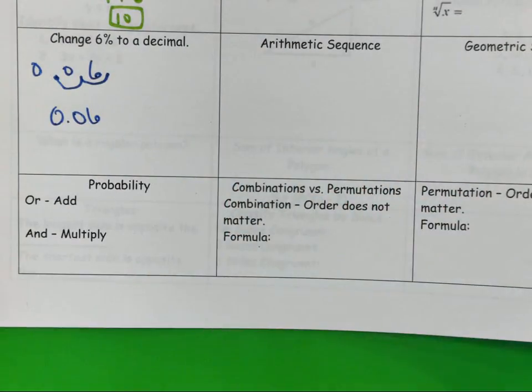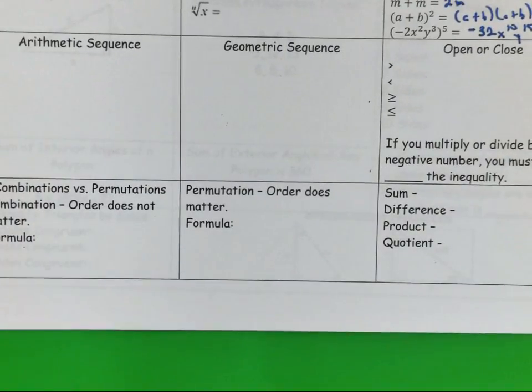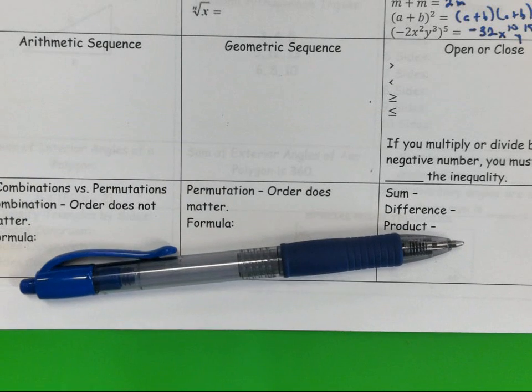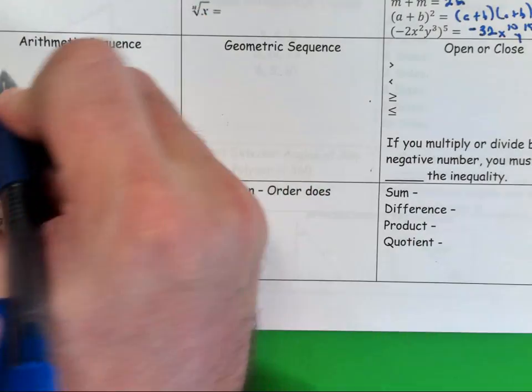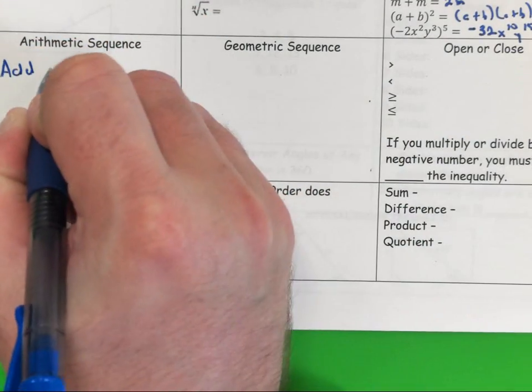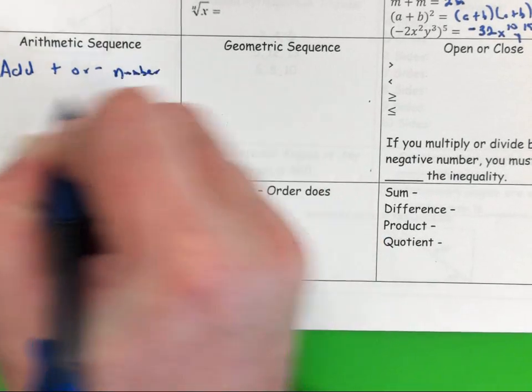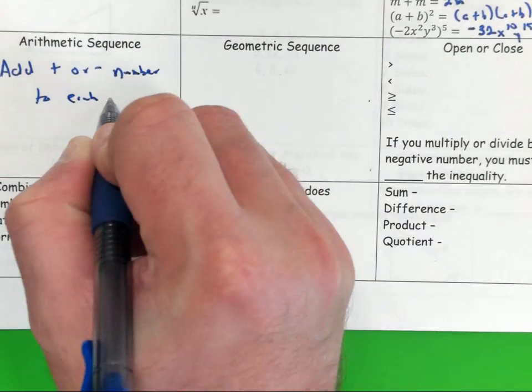Does anybody know the difference between an arithmetic and geometric sequence? Have you ever heard those terms? An arithmetic sequence is one that you add. If it says there's an arithmetic sequence, that means you're adding a positive or negative value between each term. So what I want you to put there is you're adding a positive or negative number to each term.